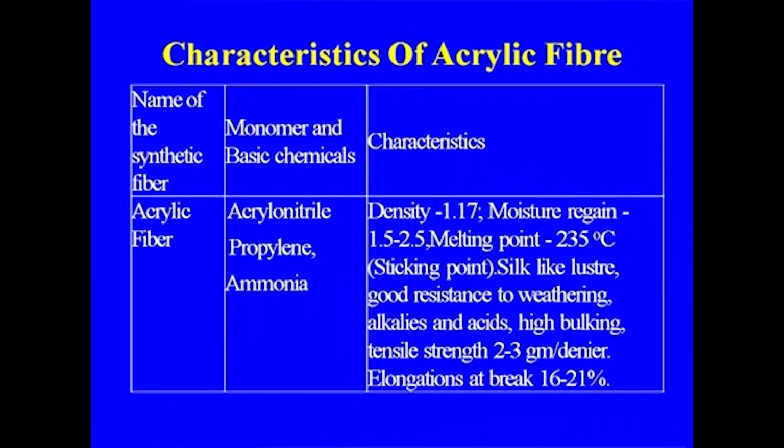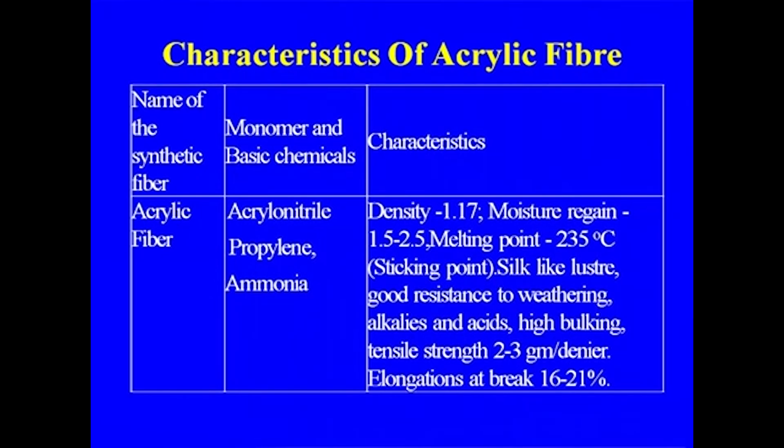These are some of the characteristics which I discussed about the acrylic fiber. The monomer and basic chemicals are acrylonitrile, propylene and ammonia, with ammoxidation of the propylene being the technology used here.